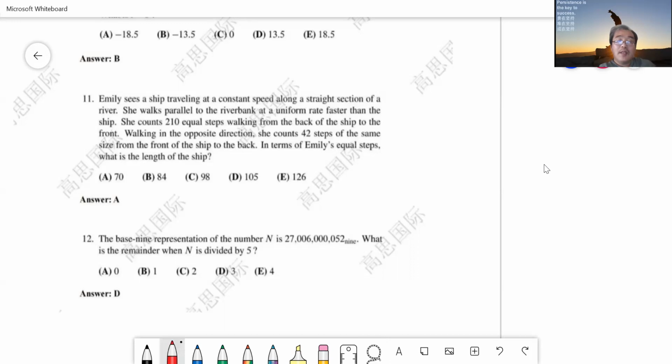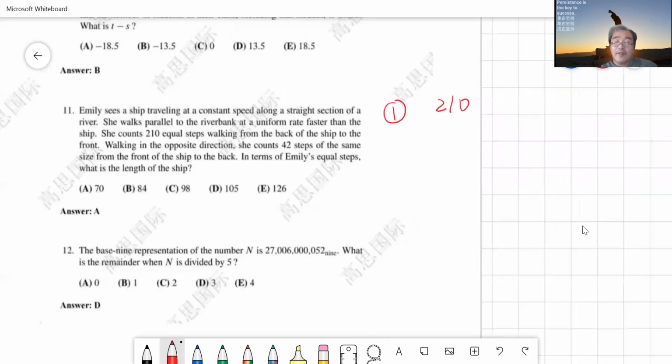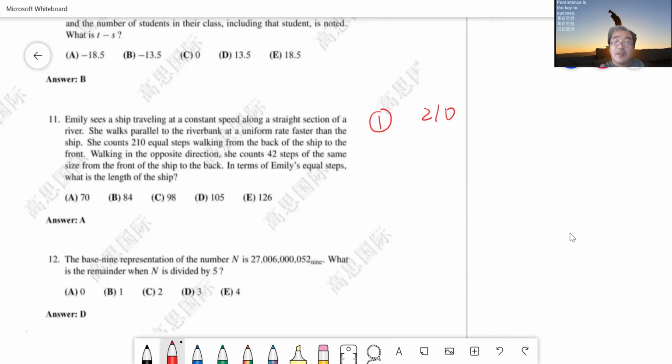Okay, so let's see what happened in the first step. She walks 210 steps. Remember, the relative speed is going to be E minus S, where E is the speed of Emily and S is the speed of the ship, right?